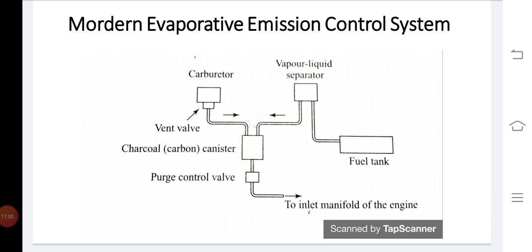A vent valve or vent hole is also provided to the carburetor for the flow of the fuel vapors. Okay, so through this vent valve, the vapors from the carburetor are drawn to the charcoal canisters.